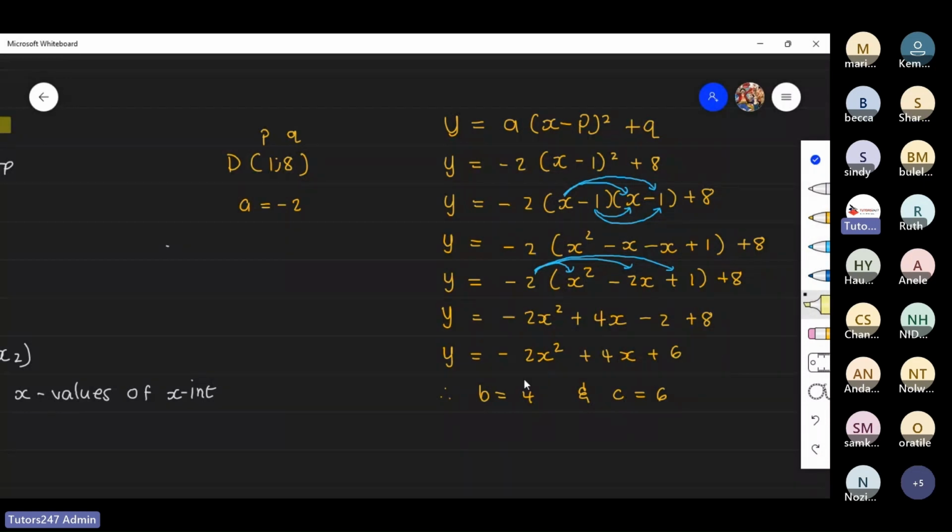Because keep in mind, this represents A, this represents B, and this represents C. Okay, so we've now found our value of B and C, which is what this particular question wanted us to do. Now let's have a look at our next question.